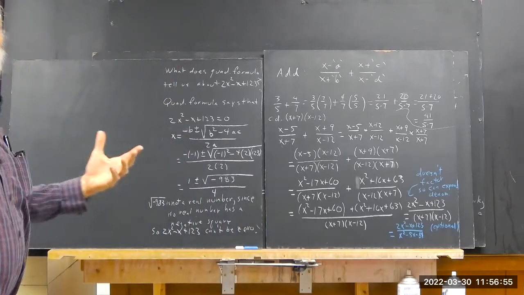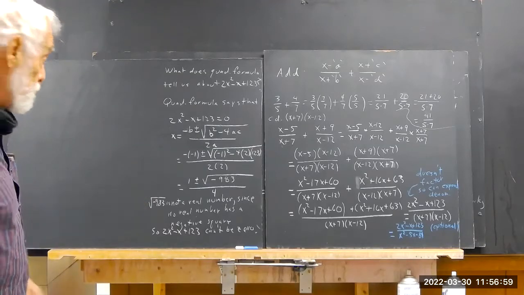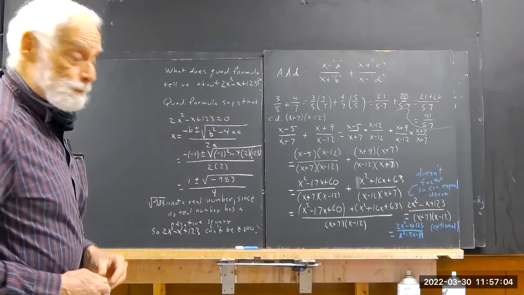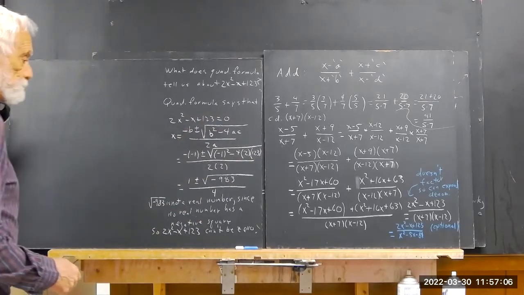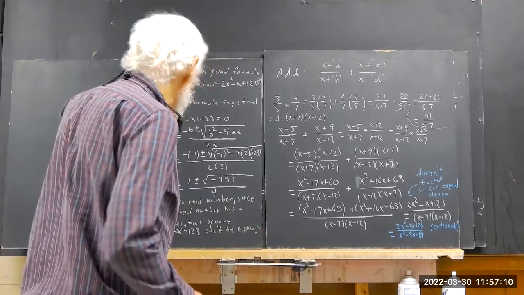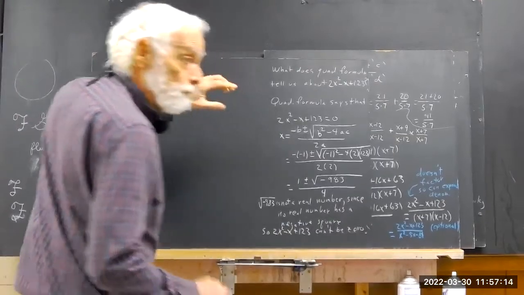At least not with real numbers, which is what we're talking about now. There are complex numbers that make it 0, but they don't show up. They don't help to factor anything. Okay, well, again, talk about the logic of this, which is challenging and worth thinking about.